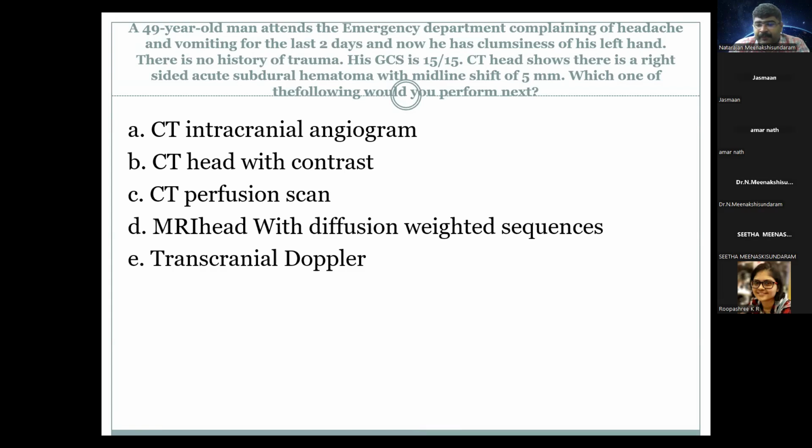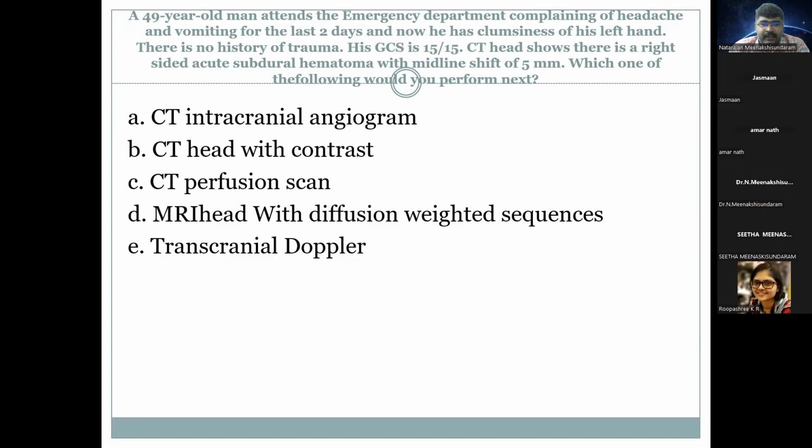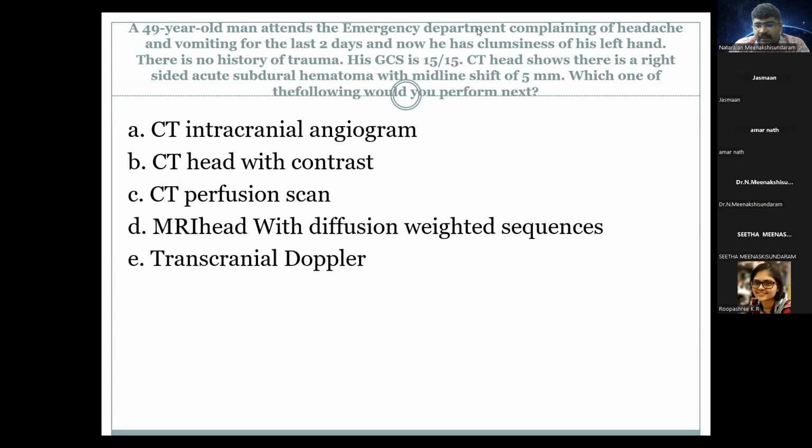Okay, so it is D, MRI head with diffusion weighted sequences. Any other guesses?